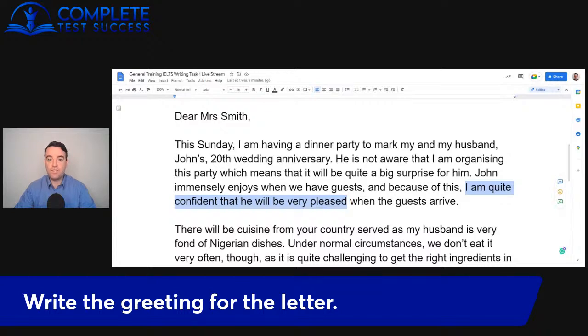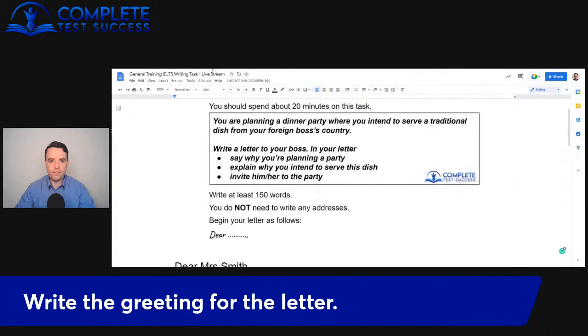If it was an informal letter, we would say something like, I'm really sure that he will be delighted, or he'll be delighted. Again, because it's a formal letter, we're going to use formal vocabulary.